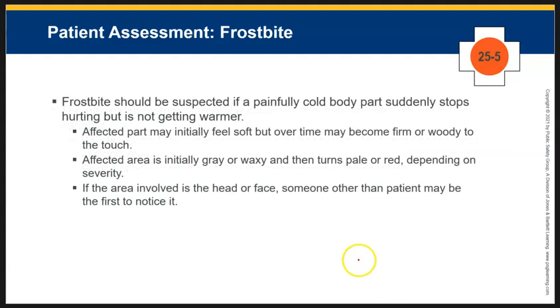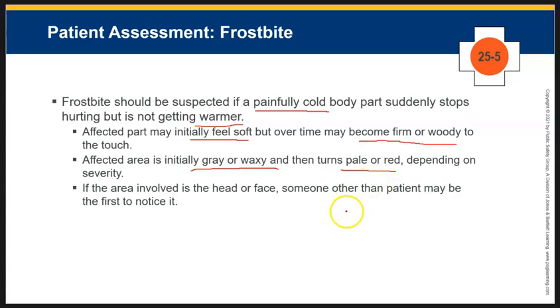And so remember, frostbite should be suspected if that painfully cold body part stops hurting, but it's actually not getting warmer. You haven't moved inside or reduced the exposure. Along with that, those initially pliable tissues will start to get a little waxen, a little firm, a little woody to the touch, and that initial gray or whitish appearance starts to turn pale or red depending on the severity.